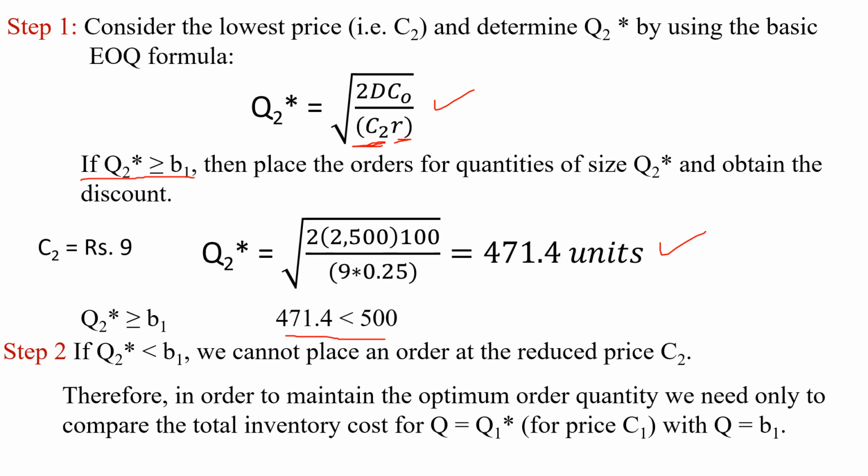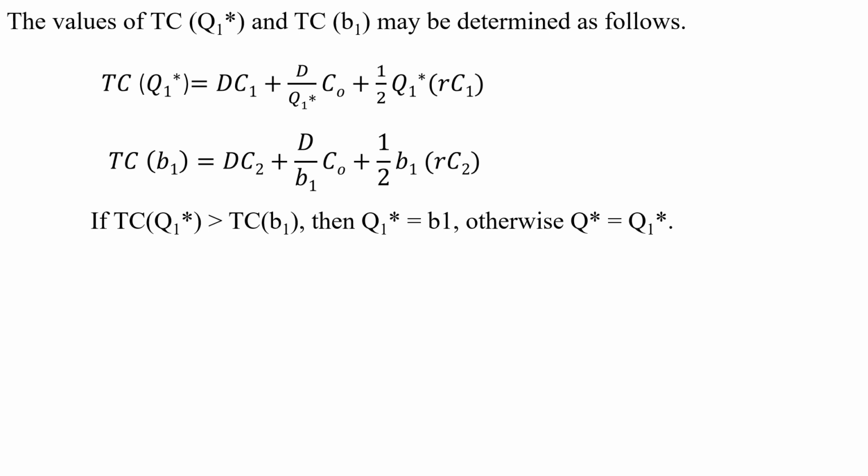Here we have to determine the total inventory cost at Q1 star with the price C1, and the total inventory cost for the B1 quantity at the C2 price.